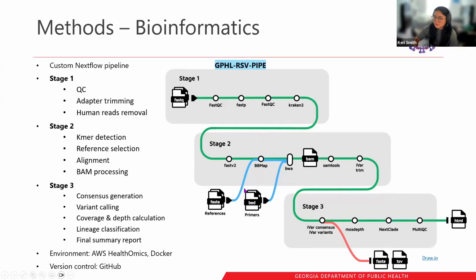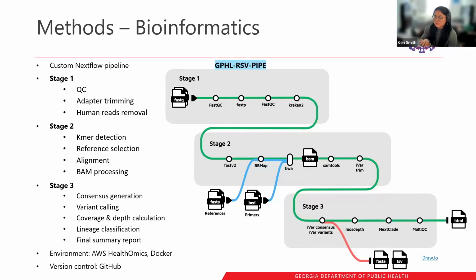It's divided into 3 stages. First stage is pre-processing, so that includes our quality control, our adapter trimming, and human reads removal. Stage 2 includes k-mer detection and reference selection using BBMap. How BBMap selects the correct reference between A and B is that it'll map the raw reads to each reference, and whichever has more mapped reads, more positive hits, it's going to select that reference.